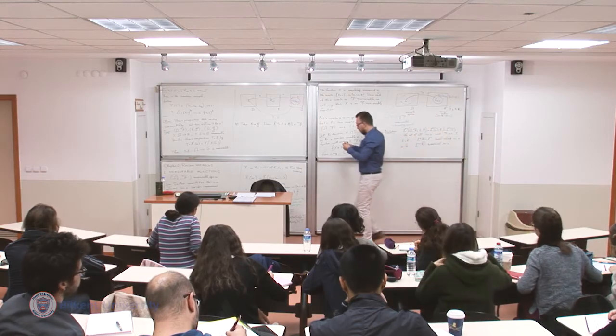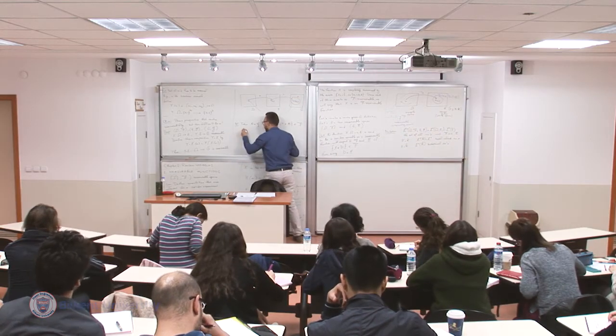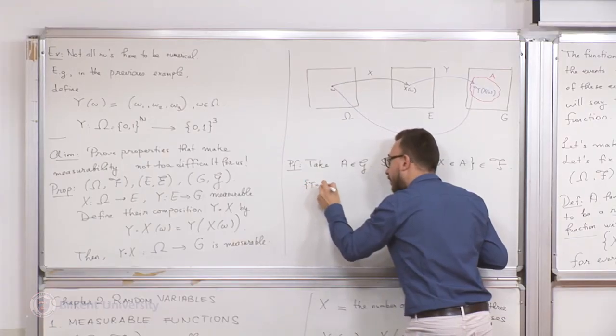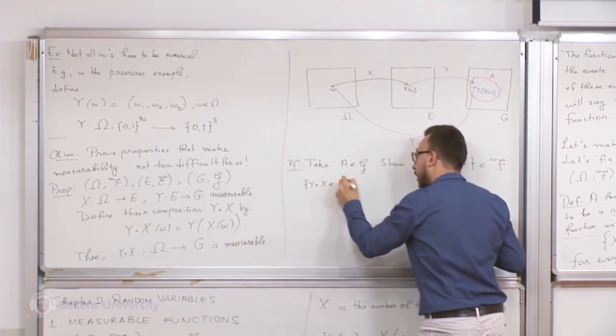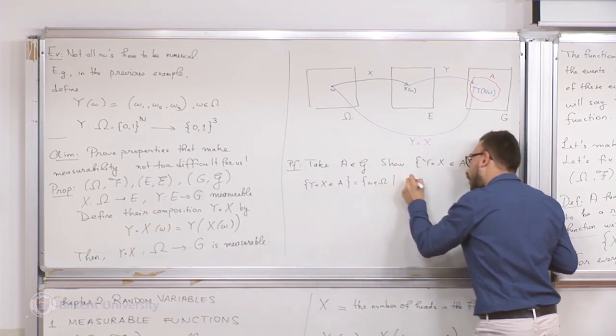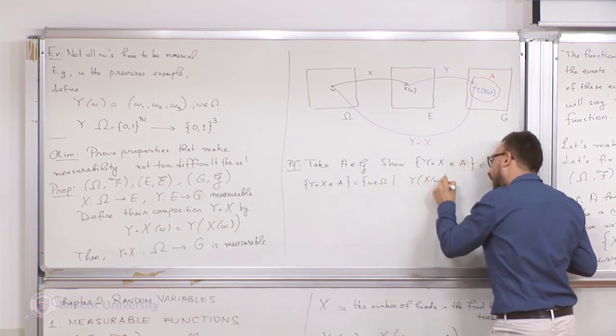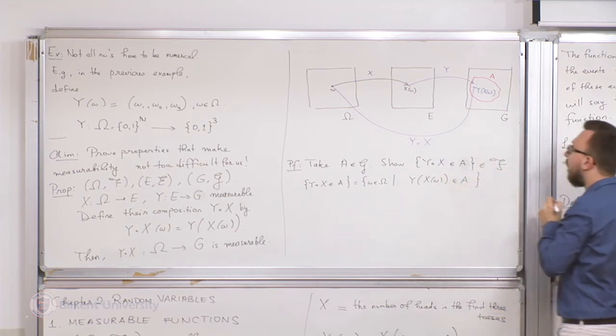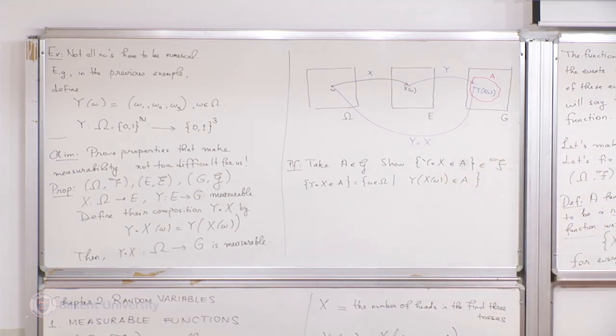Okay, so let's write this event. Y composition X is in A means the set of all omegas for which Y of X of omega is in A. Okay, so Y of something is in A means what?